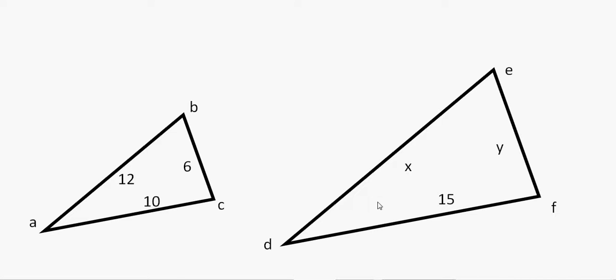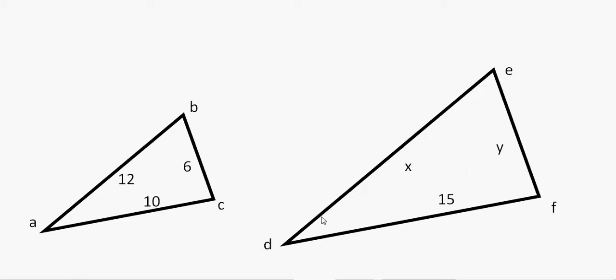10 is compared to side 15 is what we call a corresponding part, because 10 is across from angle B, 15 is across from angle E, and we've seen that angle B and angle E are the same.